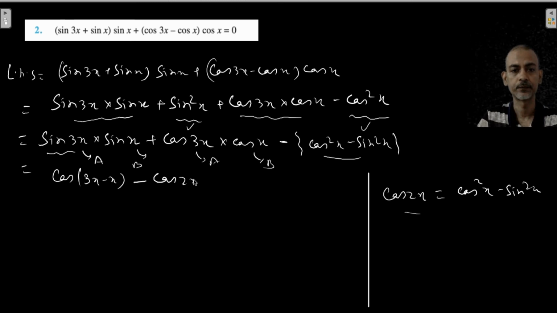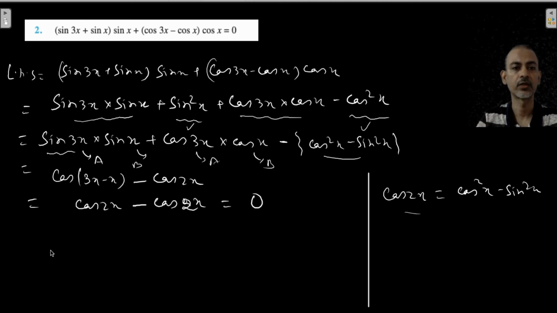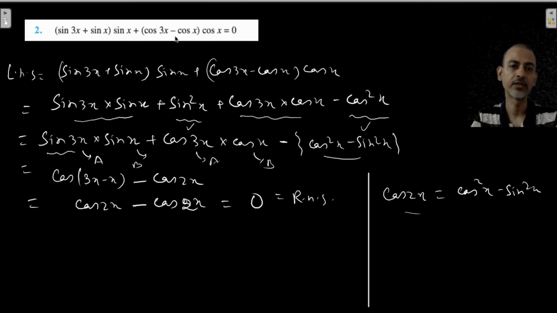Now cos of 3x minus x will become cos 2x, and this will become cos 2x. Now both of them have become cos 2x, so it will cancel out and become 0, and this is what the RHS is. So here as well, when you looked at the expression, something is in bracket, and then anyways it looks like you got to expand it to get to some sort of combination, right?